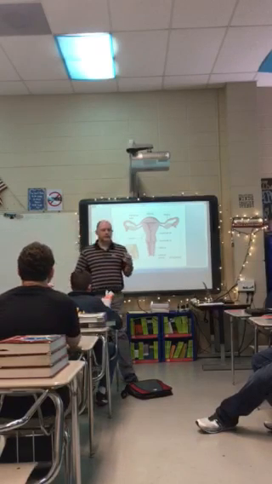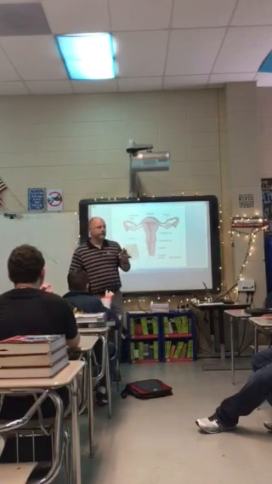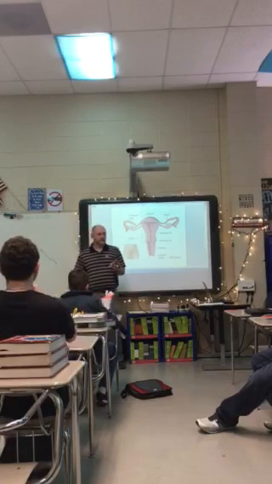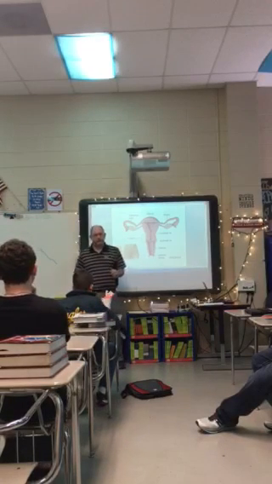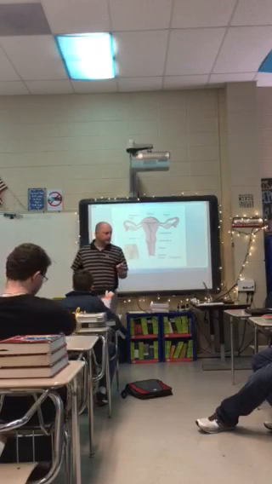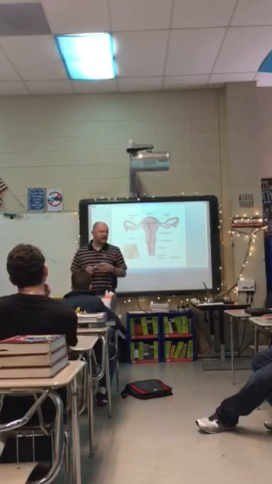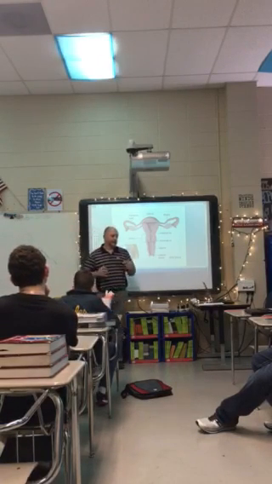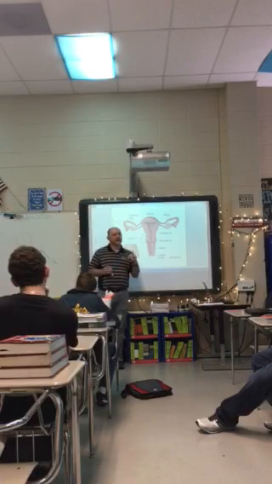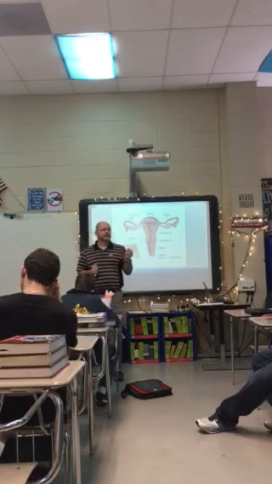Let's talk about the menstrual cycle for a second. We said that the female has a predetermined amount of eggs when she's born. She can't keep those same eggs her whole life, right? So the menstrual cycle is once a month, she gets rid of eggs.